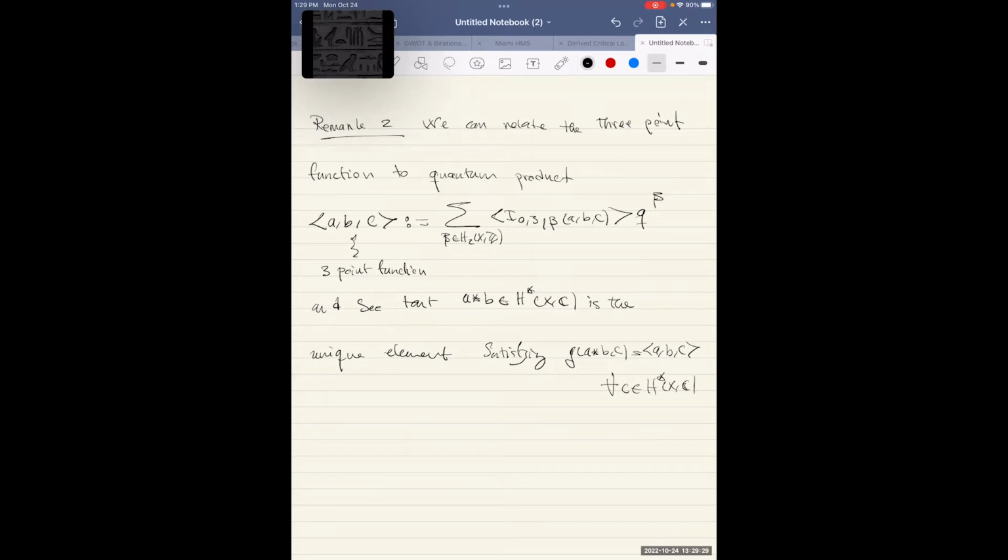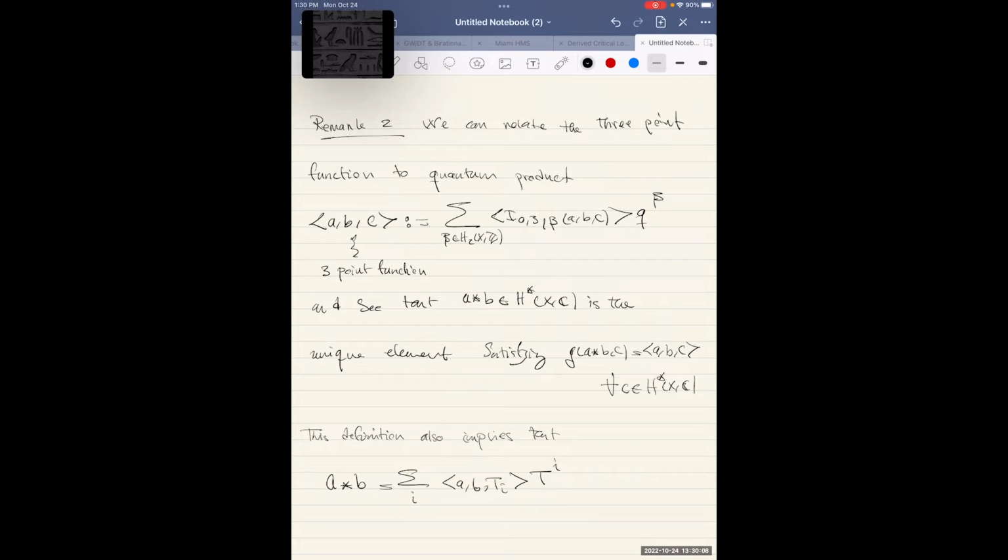So what does this definition imply? This definition also implies that A cross B is the sum over i of the 3-point function of A, B, and Ti, times Ti, where the Ti's are the generators of homology.